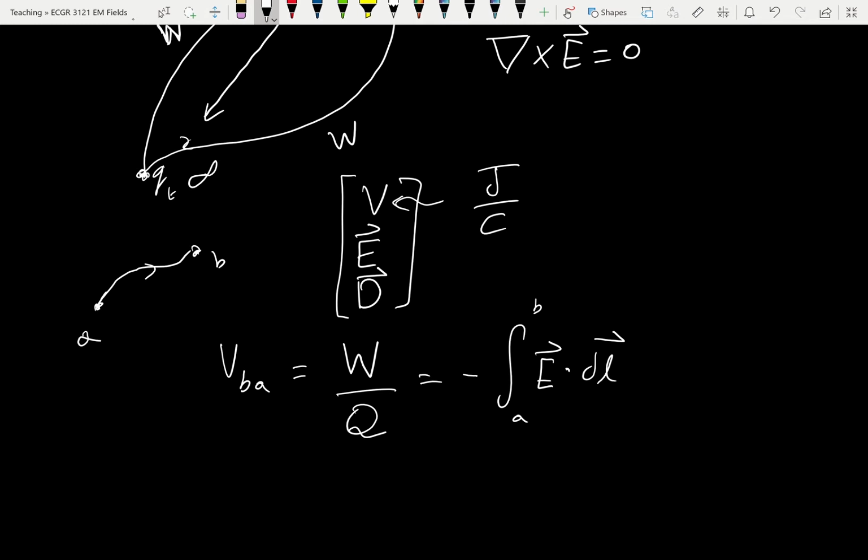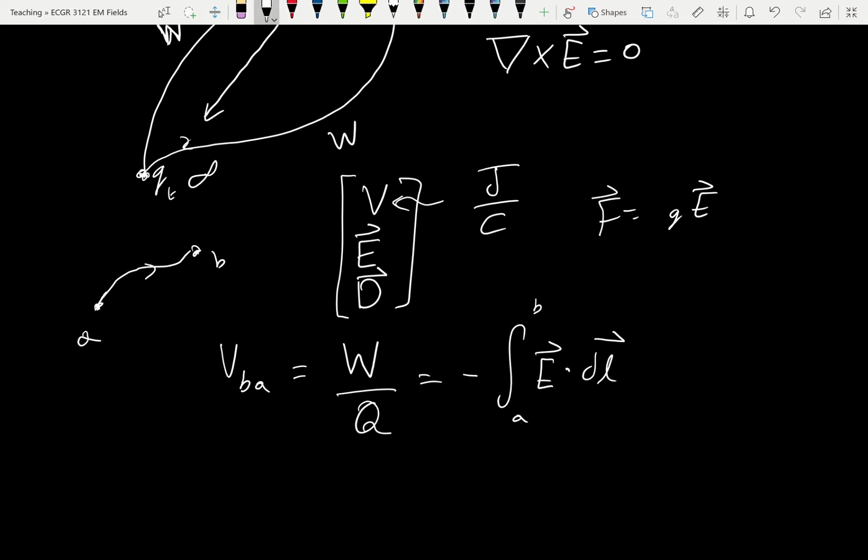We've derived this. We know that work is just force times distance, and I have the Q here because the Coulomb force is just Q times E. I sometimes write it as a small q times E. So that's where the Q comes in.